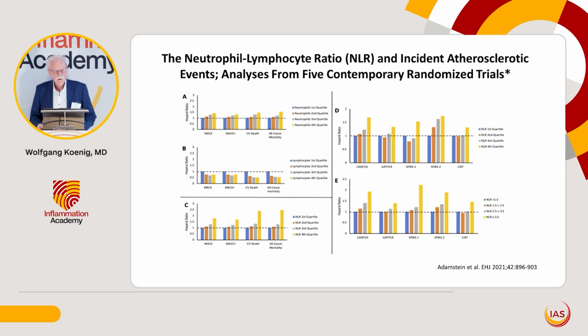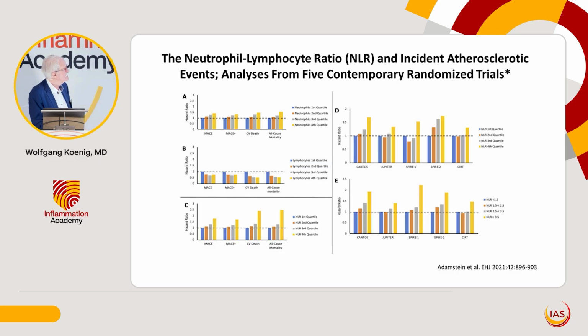Now, another easily accessible marker, the neutrophil lymphocyte ratio, has recently gained a lot of interest, and this is data from several studies that has been published a few years ago by Adamstein and colleagues. You can see here the quartiles of neutrophils, and for various endpoints, MACE, CV death, and all-cause mortality, you can see some kind of increase.